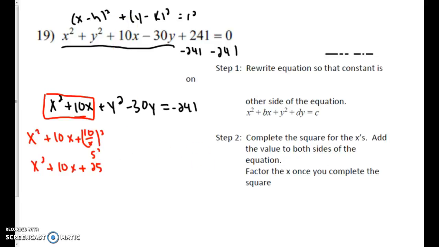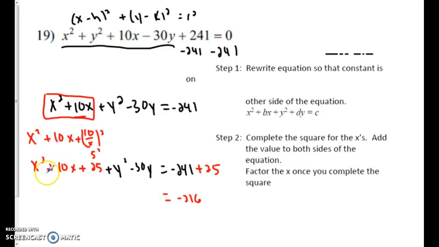I still have the y squared minus 30y equals negative 241. But if you remember, we want to add that value, that 25, to both sides. So right now on this side, I have negative 216.